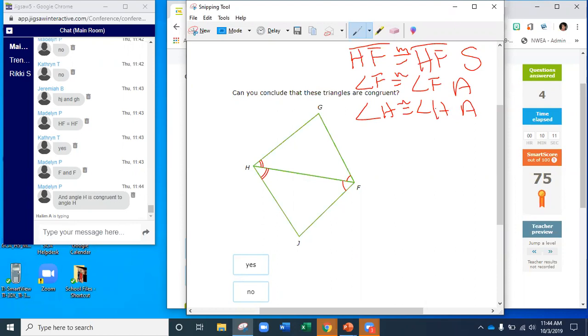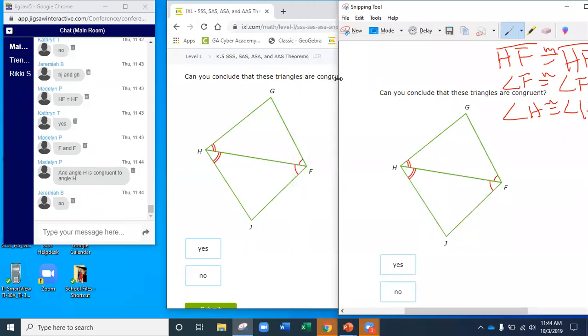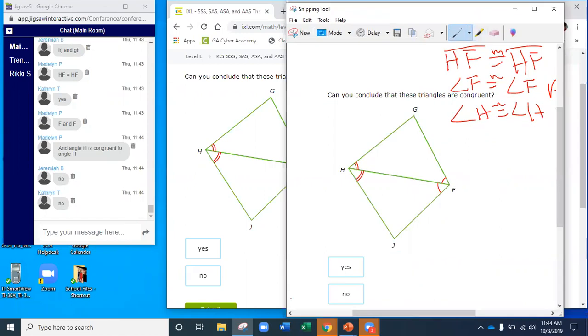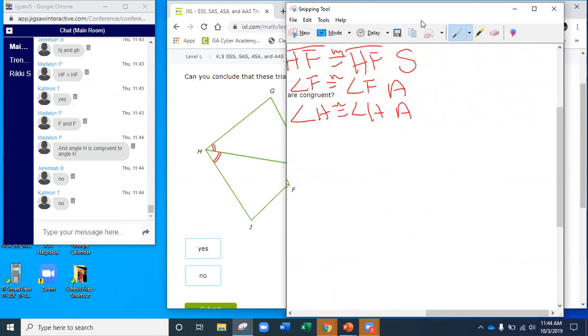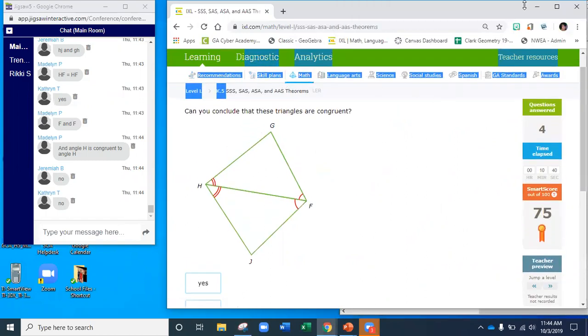So this is where I think this one is a little bit harder than your other ones, okay? Because notice they're not giving you your theorems here to pick from, are they? No. We know we have angle, angle, side, but we don't know if we have a theorem. But we can look up in the title. Does everybody see the title? It has them all listed for us.